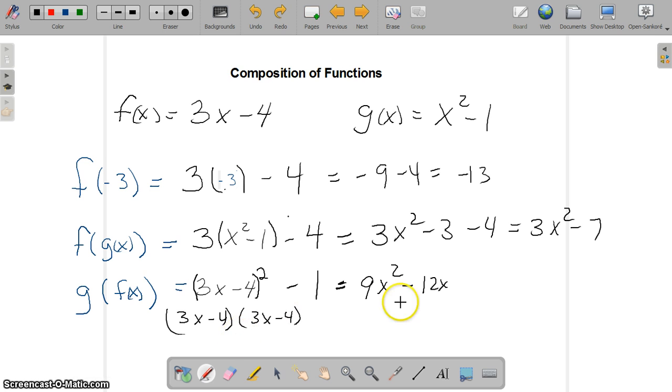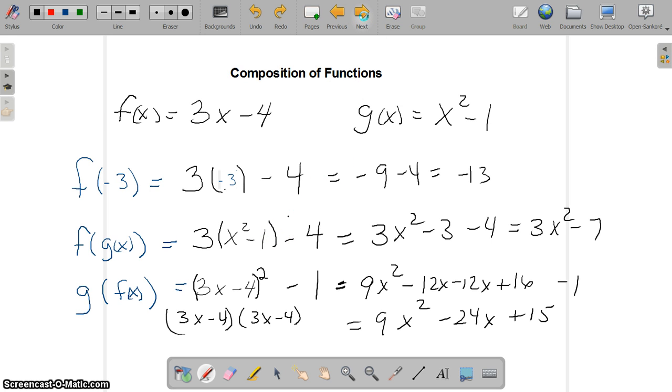The other one is also negative 12x, and our last is a positive 16, and then we still have this minus 1, so I'm going to tack that on. When we simplify all this, we get 9x squared minus 24x plus 15. And this is the composition g of f of x, taking the f function and plugging it into the g.